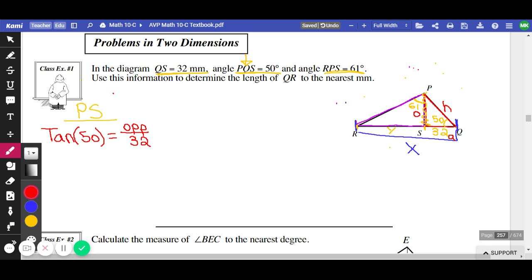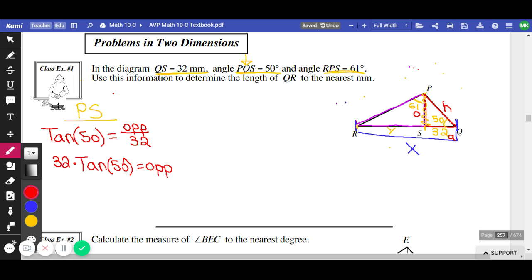I multiply my 32 over. I have 32 times tangent of 50 equals my opposite side.